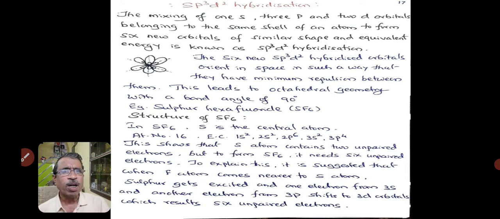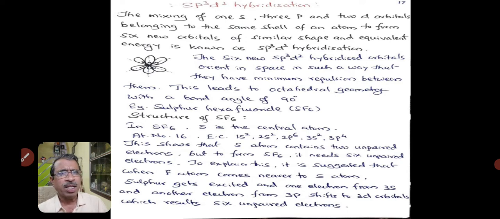Example, sulfur hexafluoride. In sulfur hexafluoride, sulfur is the central atom whose atomic number is 16 and electronic configuration 1s2, 2s2, 2p6, 3s2, 3p4. This shows that sulfur atom contains 2 unpaired electrons, but to form sulfur hexafluoride, it needs 6 unpaired electrons.